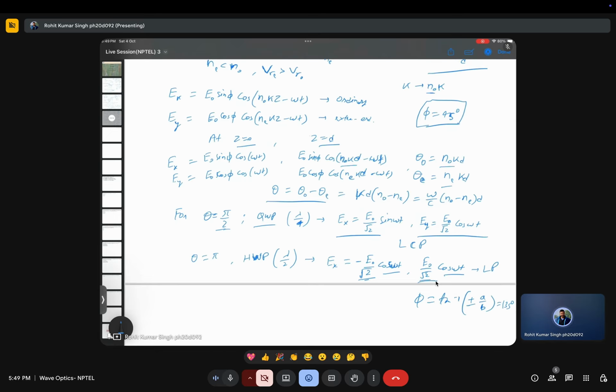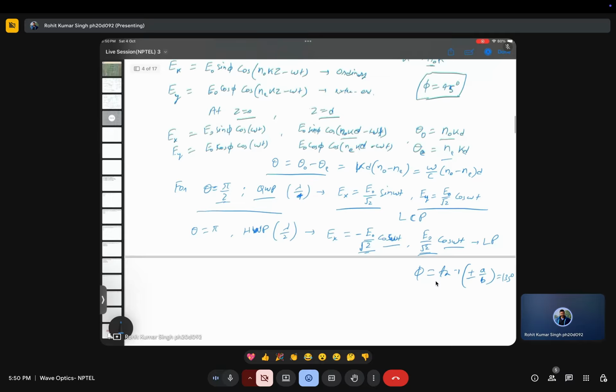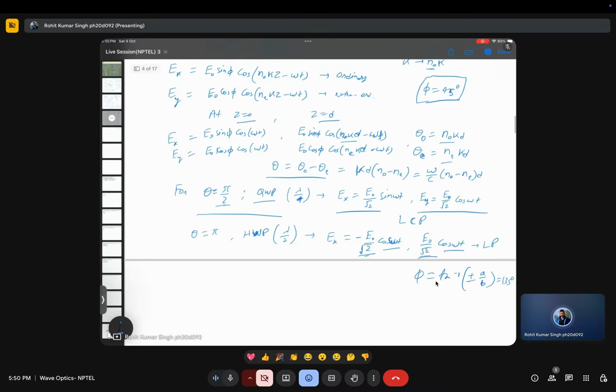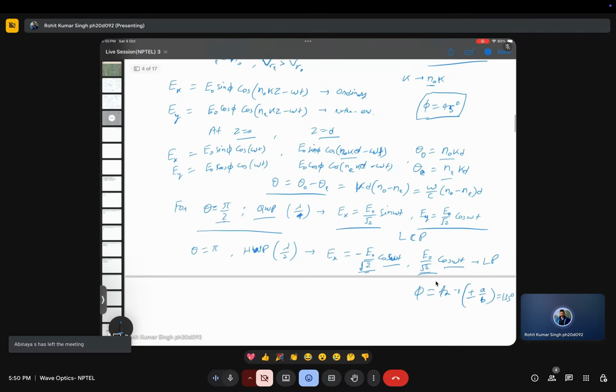And so on. If at this angle your amplitude is different, you will get an elliptically polarized light and so on. But basically this is what happens, okay? So if you have a linearly polarized light and you apply a quarter wave plate, you get a circularly or elliptically polarized light.